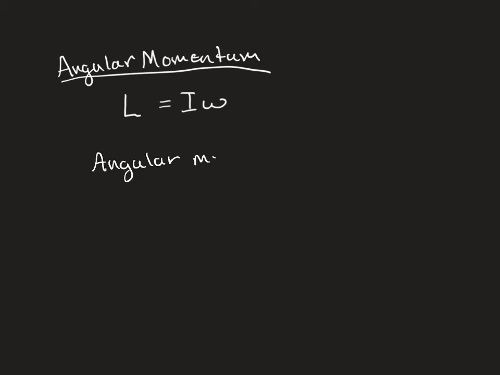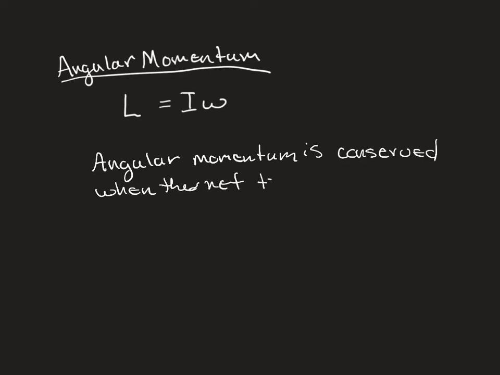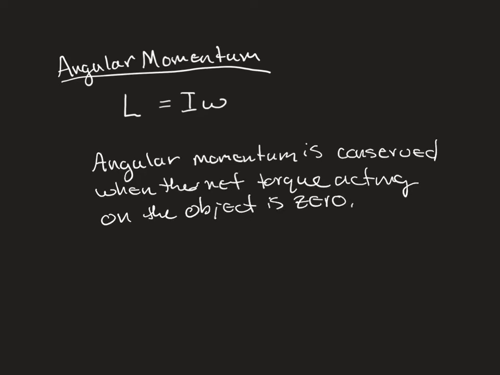Angular momentum is conserved when the net torque acting on the object is 0, when the system is changed.